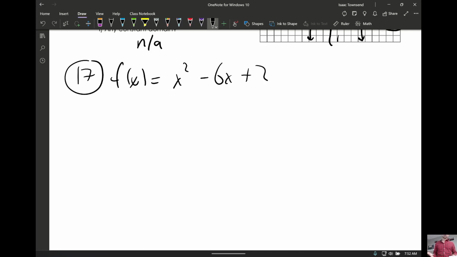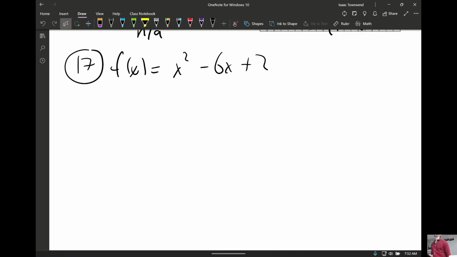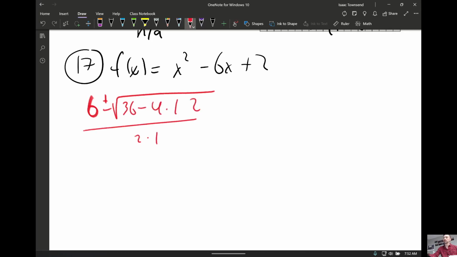Yes, because it doesn't look like it factors. Factoring would be my preferred method, but this just doesn't factor. So yeah, your only option then is to plug all of it into the quadratic formula. Just like we did last time, be careful with this stuff under the radical.